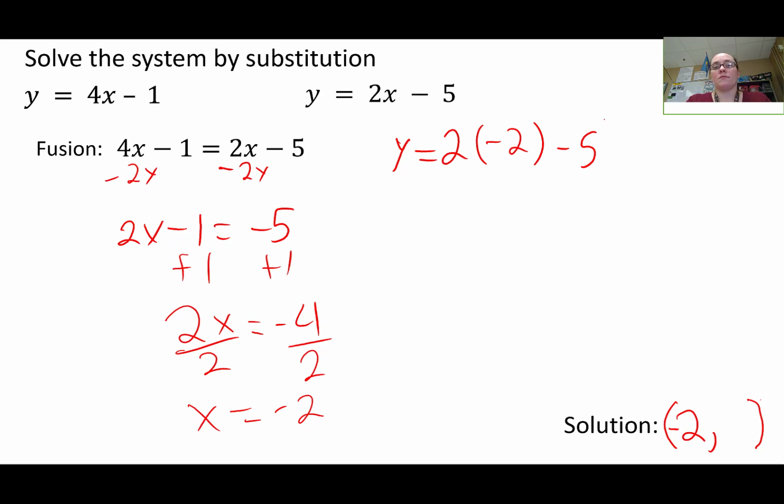Solving this, I get y equals 2 times negative 2, which is negative 4, minus 5. So y is equal to negative 9. My solution here is negative 2, negative 9.